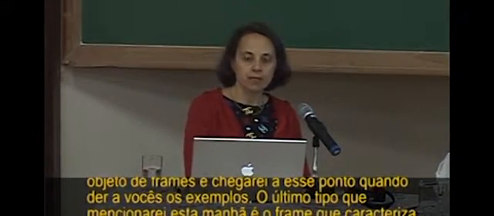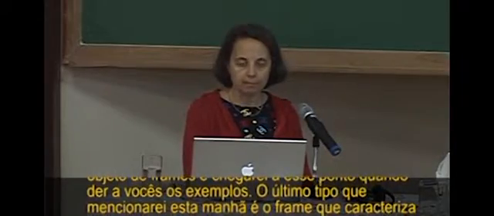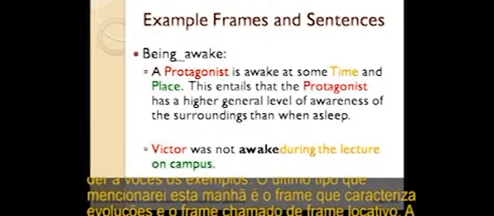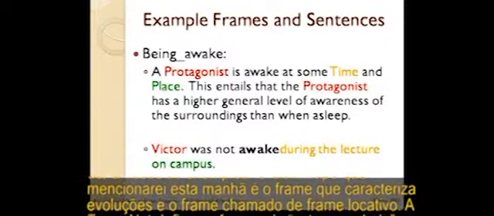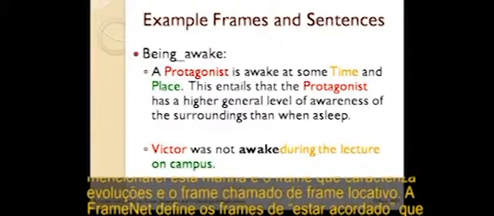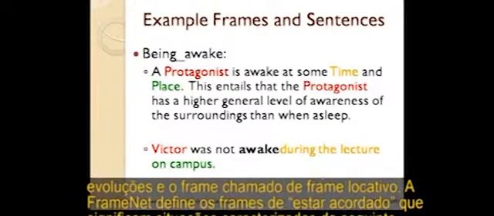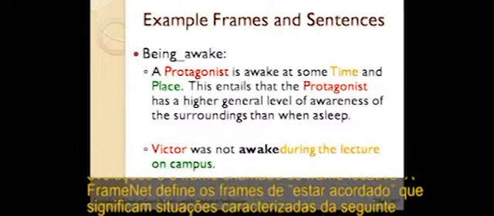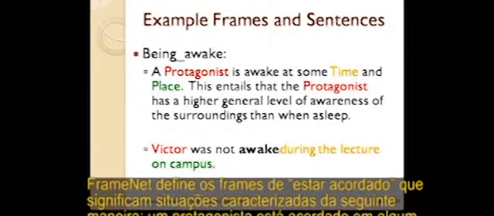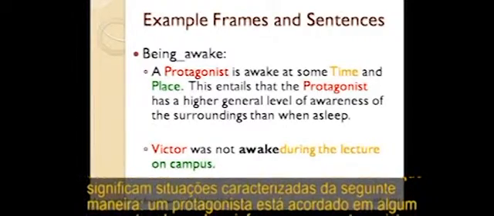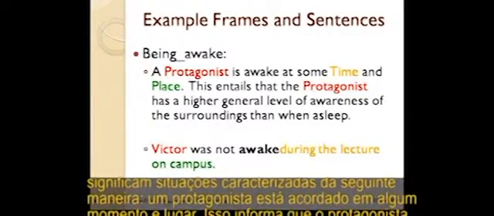FrameNet defines the being awake frame, which is a frame that characterizes a situation, in the following way. A protagonist is awake at some time and place. This entails that the protagonist has a higher general level of awareness of the surroundings than when asleep.